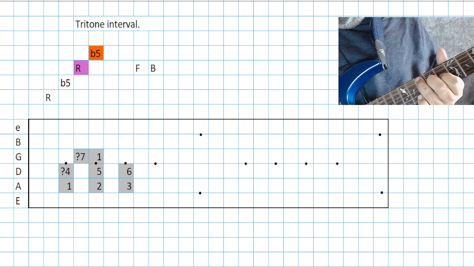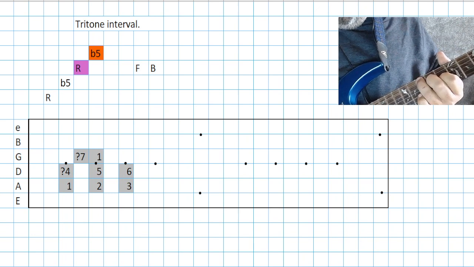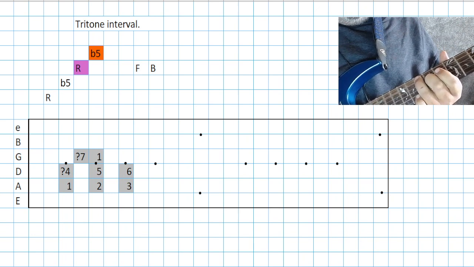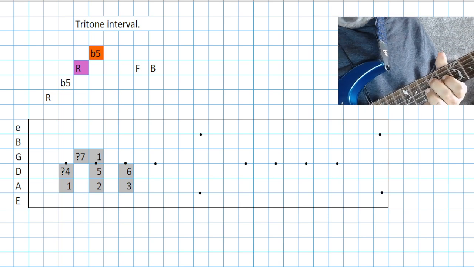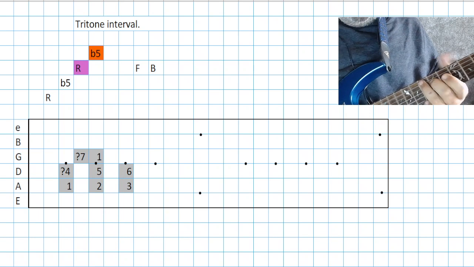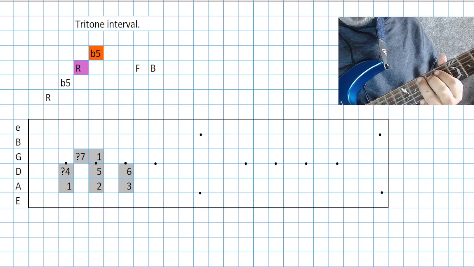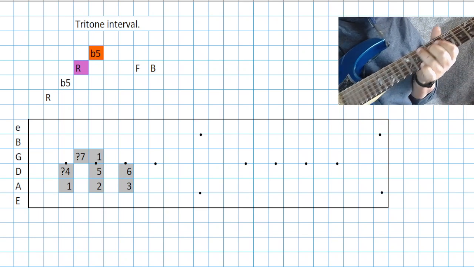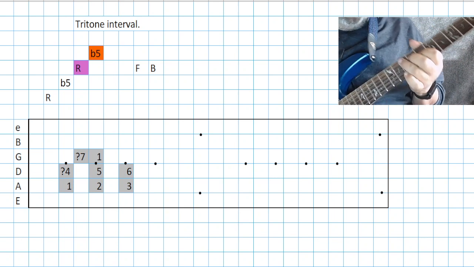Even though sonically you could consider that root, major third, and this root, major third, two different. However, going backwards, you get the polar opposite of a third by getting a sixth.